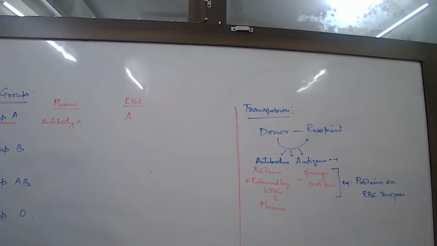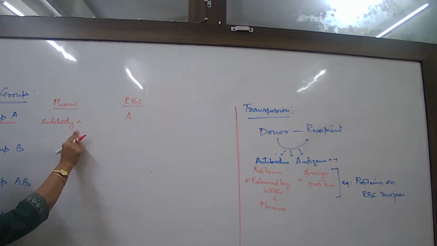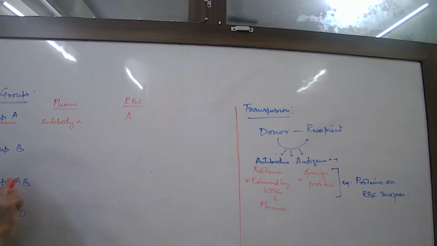Always remember, antibody we generally write with small letters, and antigens we would basically write with capital letters. Here they have written capital. Majorly we write antibody with small letters, antigen with capital letters. Okay?